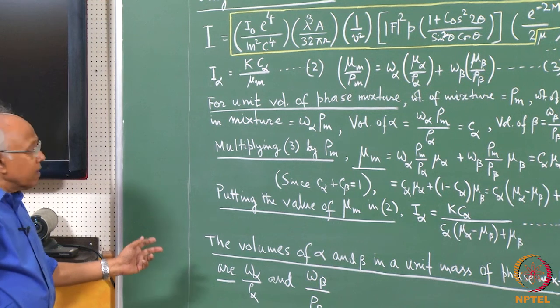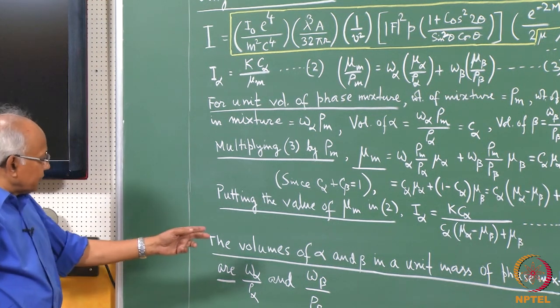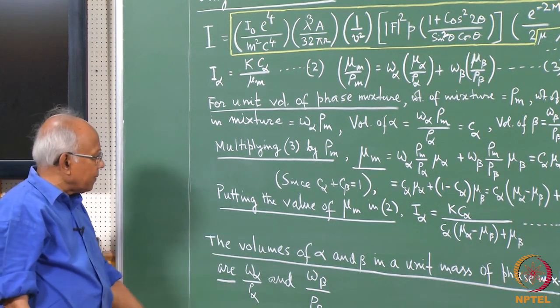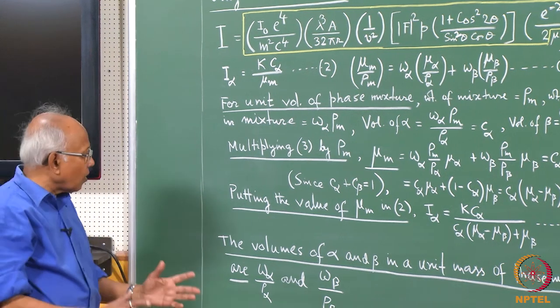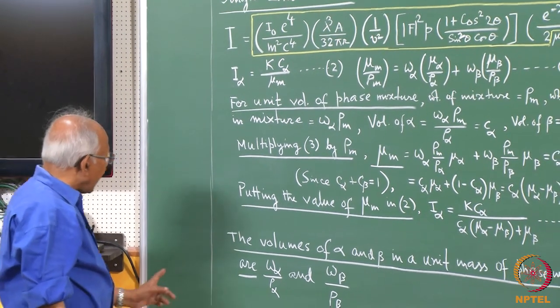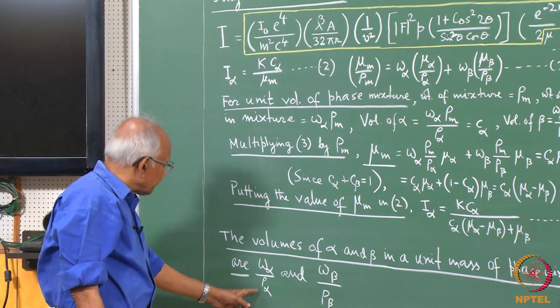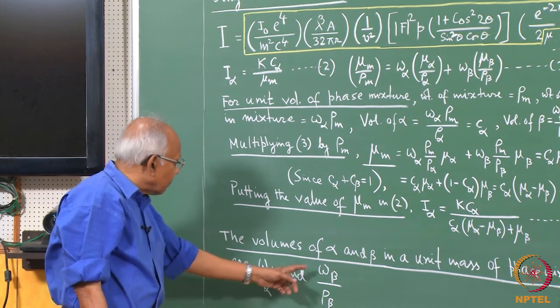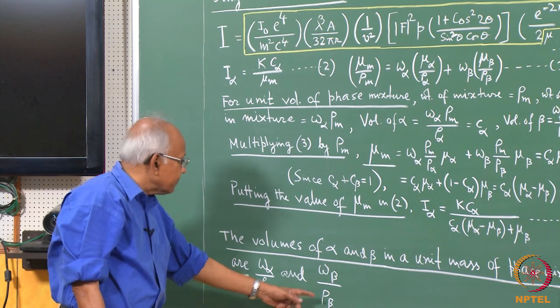Now when we consider the volumes of the two phases alpha and beta in a unit mass of the phase mixture, these are W alpha by rho alpha and W beta by rho beta respectively.